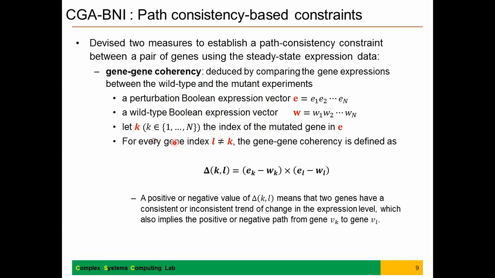And for a gene index L different from K, the gene coherency is defined as delta KL here. So if delta KL is positive or negative, it means that the two genes have a consistent or inconsistent change in the expression level. It also means a positive or negative path from gene VK to gene VL.